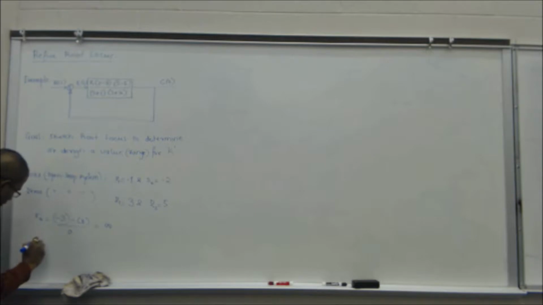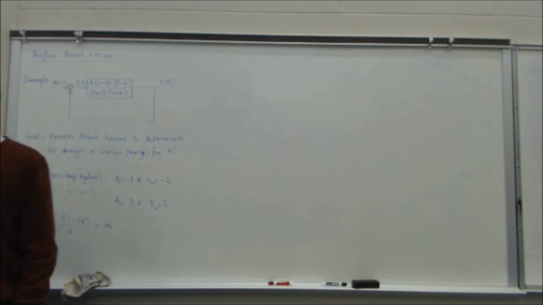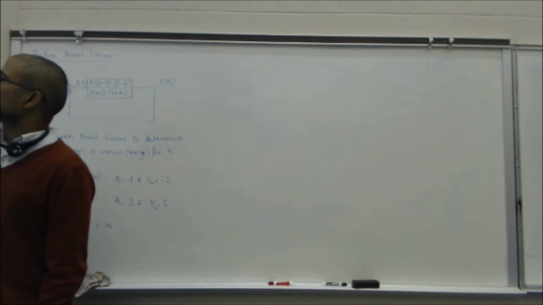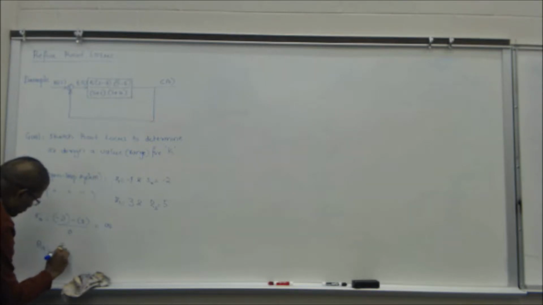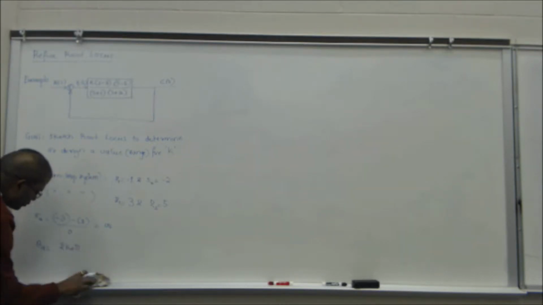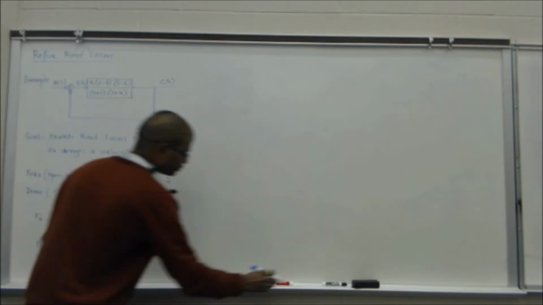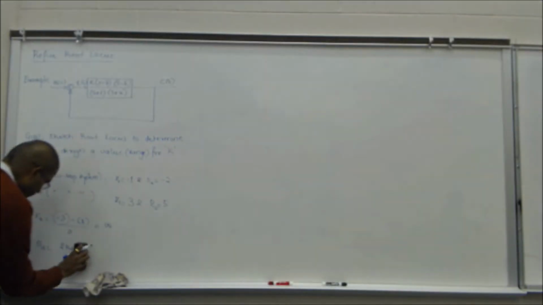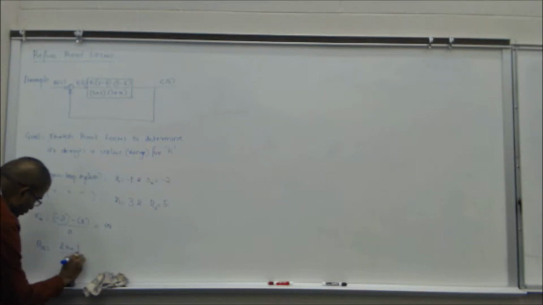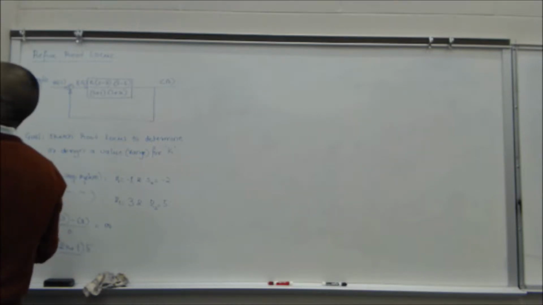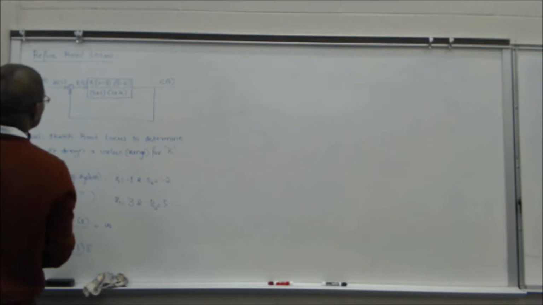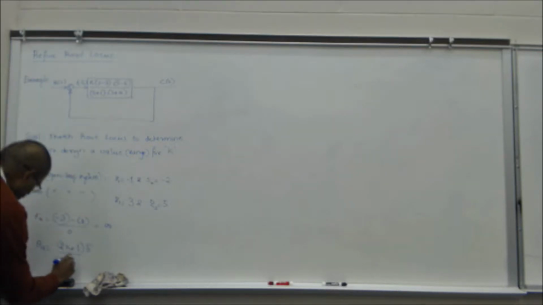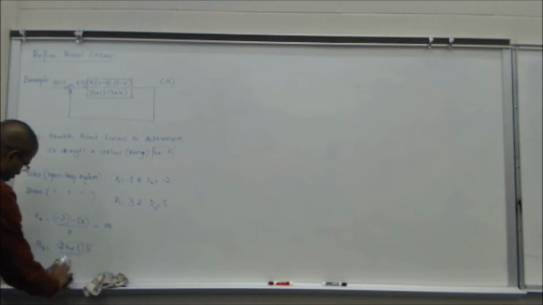And theta A, these are the asymptotes. Theta A is generally given by (2k plus 1) into pi over, again, number of finite poles minus number of finite zeros. This is also infinity.